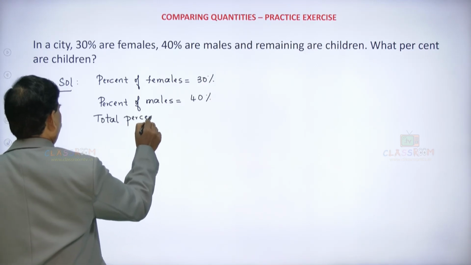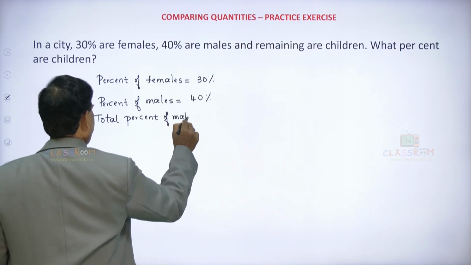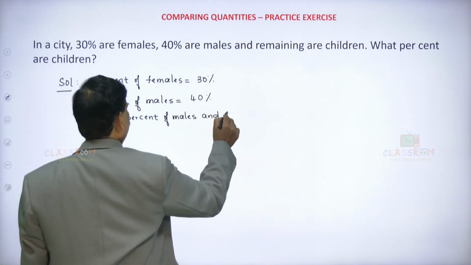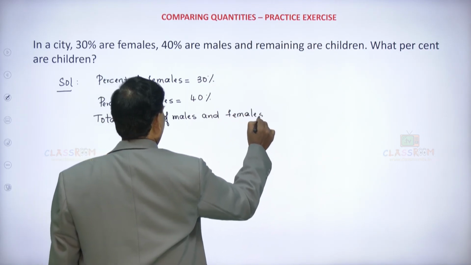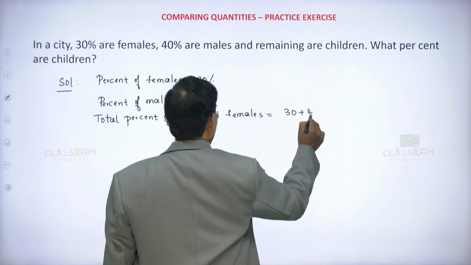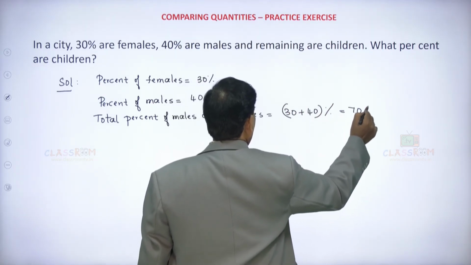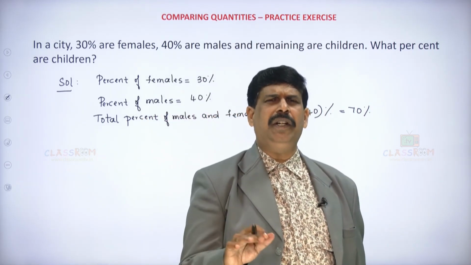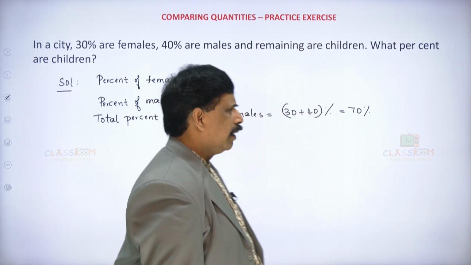Total percent of males and females. So they are 30% plus 40%. So that will be 70%. 70% in the sense out of 100, 70 are either male or female. Clear?